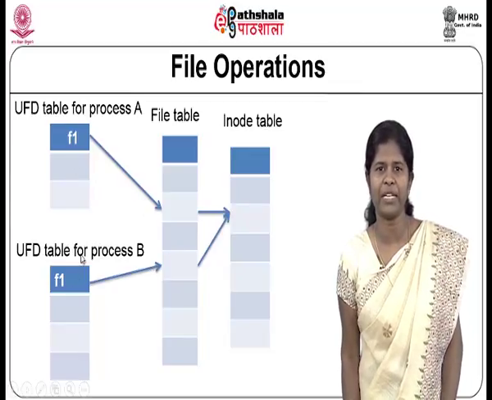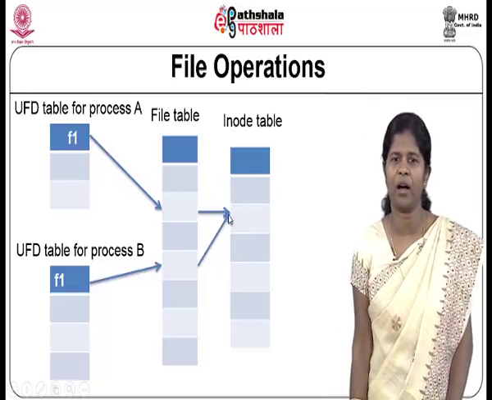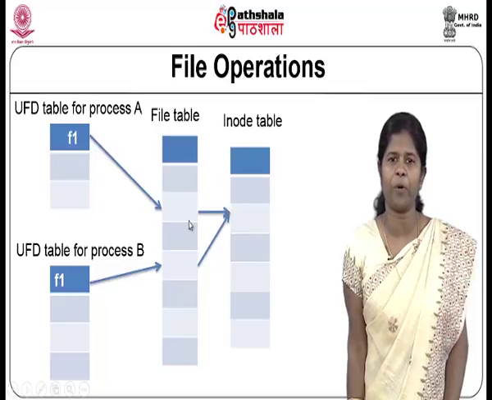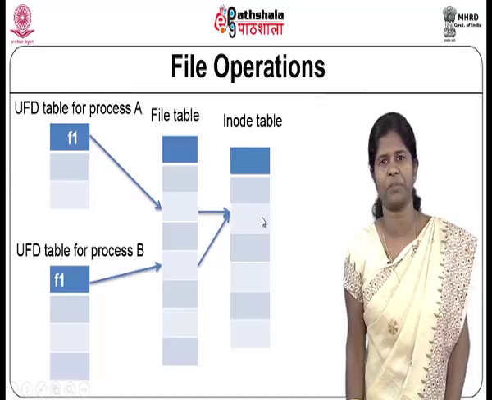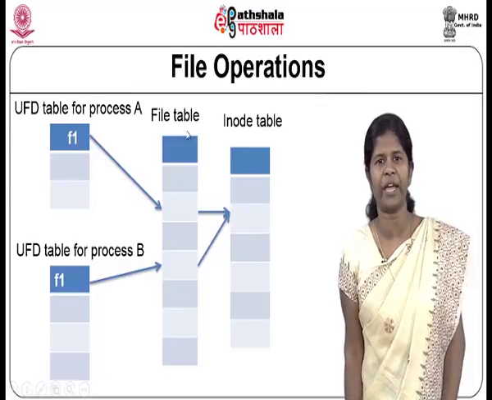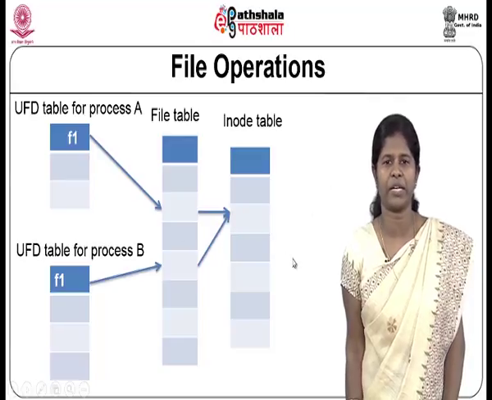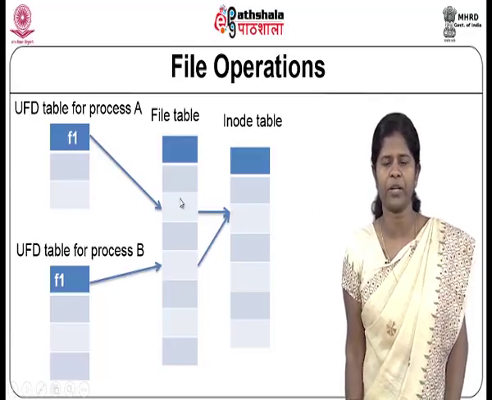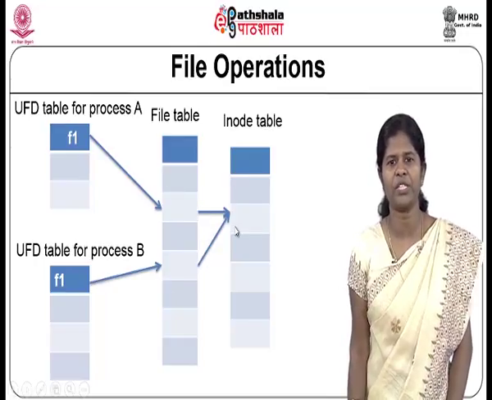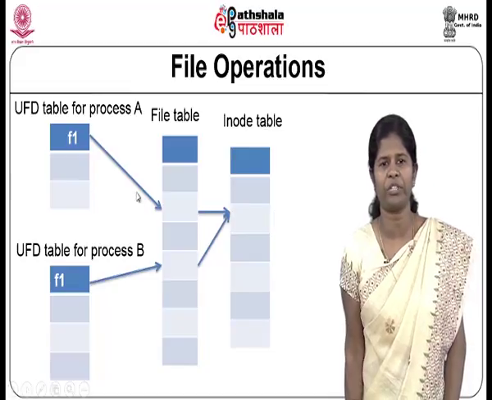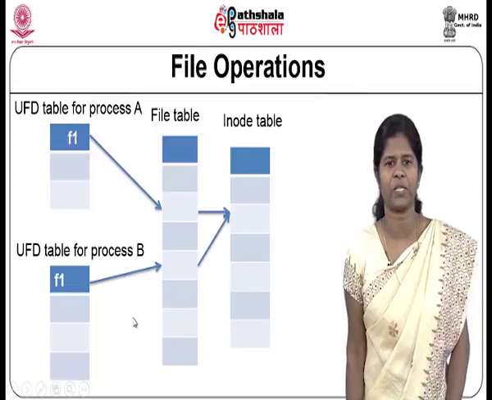F1 is the file that is opened by A as well as by B, and hence the pointers from the file table point to the same entry in the inode table. It is a single inode, because details about this file F1 will be stored in a particular inode. But you can see here that the file table has got different entries. The inode table entry is the same for both, and the user file descriptor table entries are also different for each of the processes.